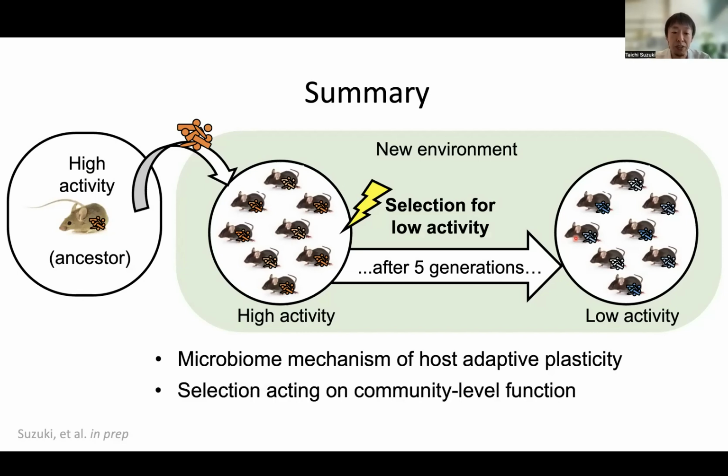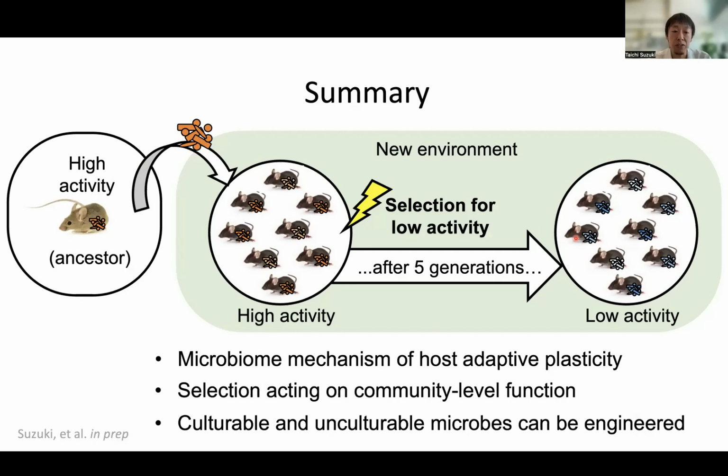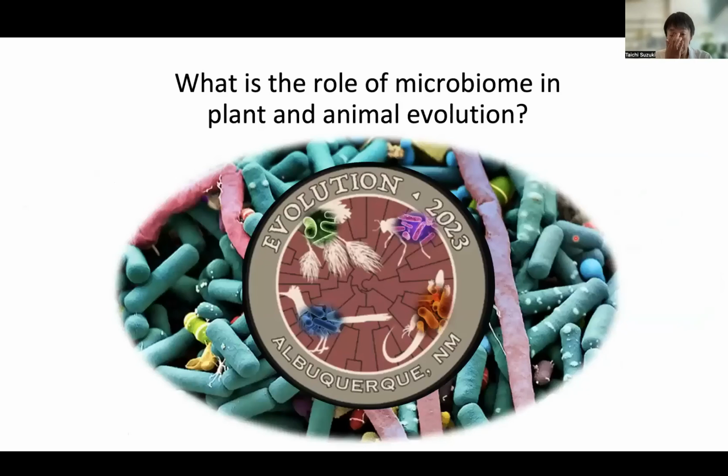And also the results imply that the selection is acting on community-level function, so selection above the organismal level, and also have some practical application where culturable and unculturable microbes can be engineered for a desired purpose in mammals. So coming back to this main question, I see the microbiome as a modifier of the adaptive landscape, which can affect the rates and trajectories of evolution.